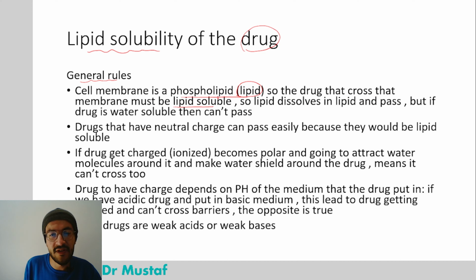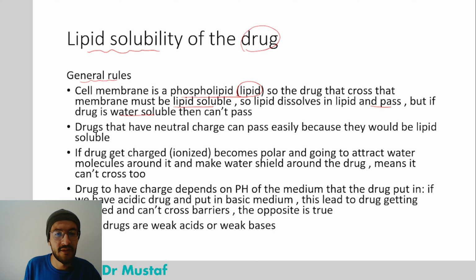If the drug is lipid soluble, it crosses the cell membrane easily because lipid dissolves in lipid. But if the drug is water soluble, it can't pass unless there are aqueous channels or pores that help the drug to pass.